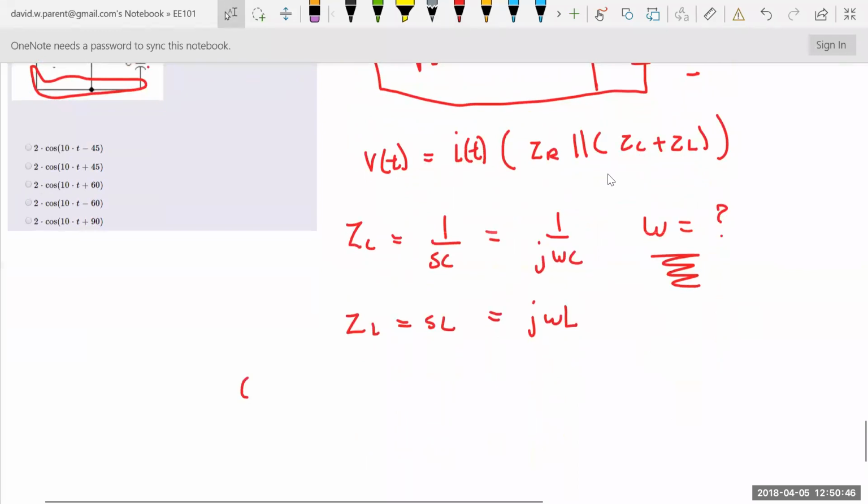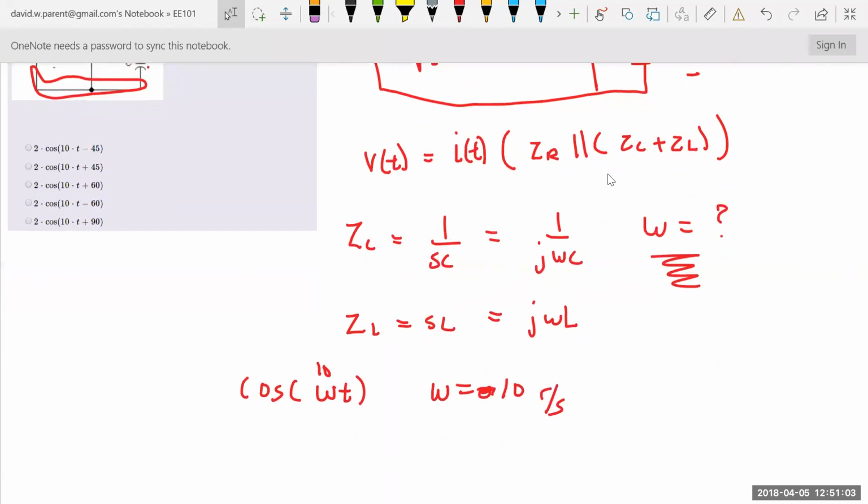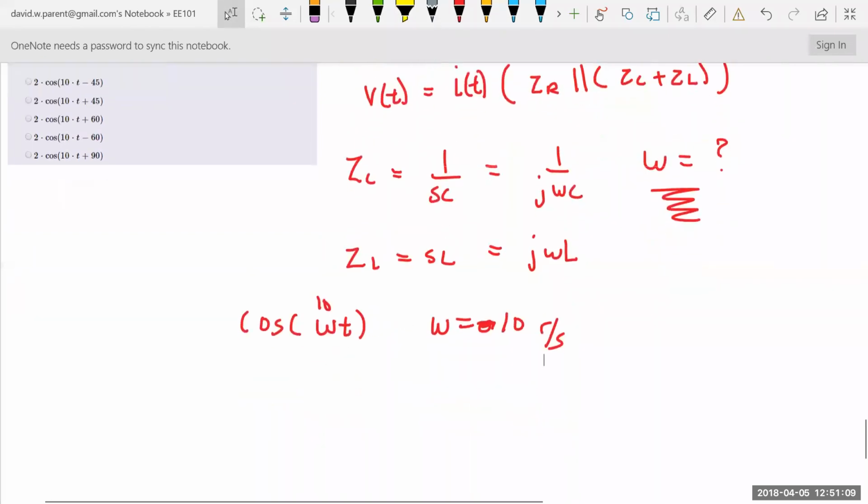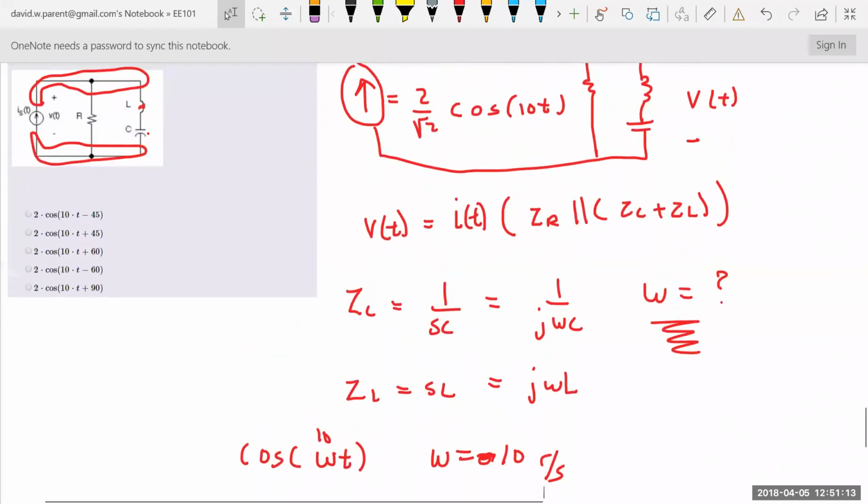Because the current is given in terms of cosine omega t, so in fact, omega equals 10 radians per second. All right, so now you know what omega is. Then you can calculate what ZC is and what ZL is. Then you can come up with the parallel combination.